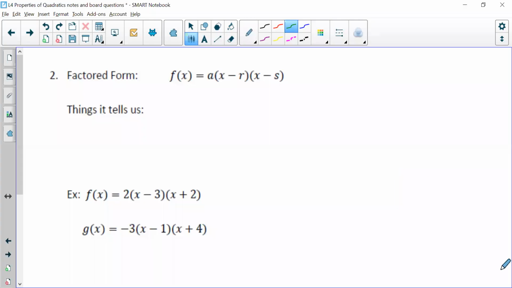Oh, sorry, factored form. So factored form, we put in our mind map, tells us what points. Does anybody remember what we said? What do the R and the S represent? The x-intercepts? Yes.